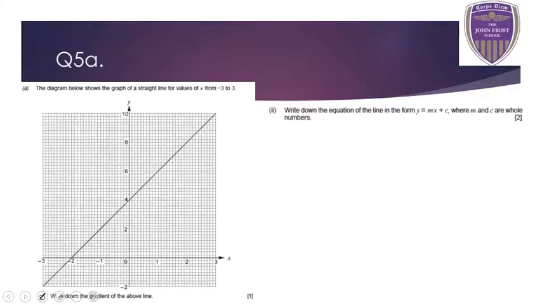Okay, question 5a, the question with the graph. It tells you it's a straight line, minus 3 to 3 on the x-axis. Write down the gradient of the above line. Well, for this, there's a really nice right angle triangle there, so that's the one I'm going to use. In order to work out the gradient, you need the y value and the x value.